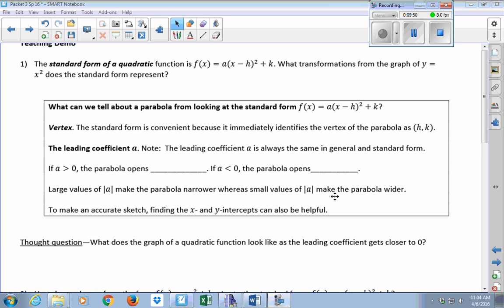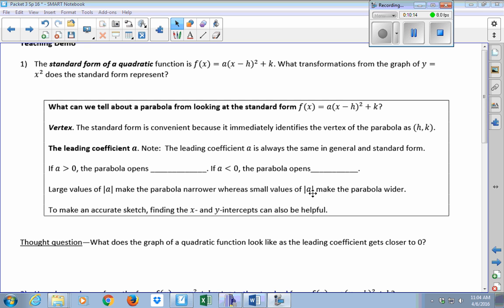So the standard form of a quadratic function looks like this. It's really what we just looked at, but in a more general form without specific numbers for a, h, and k. This is what your book calls it. Just so you know, if I ever use this term, it's because I'm used to using it.